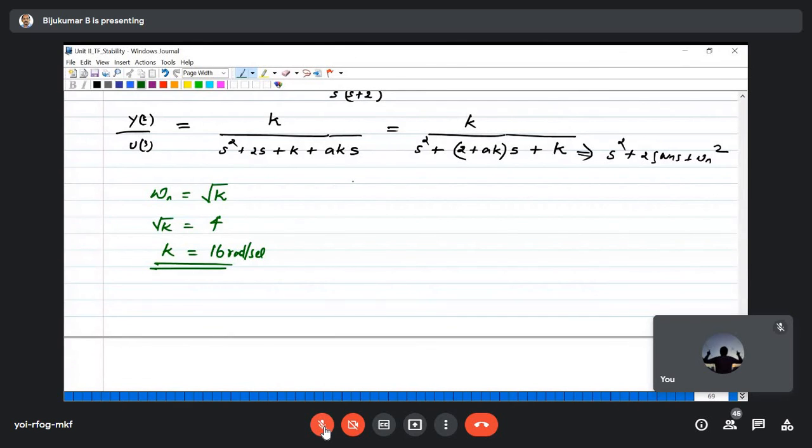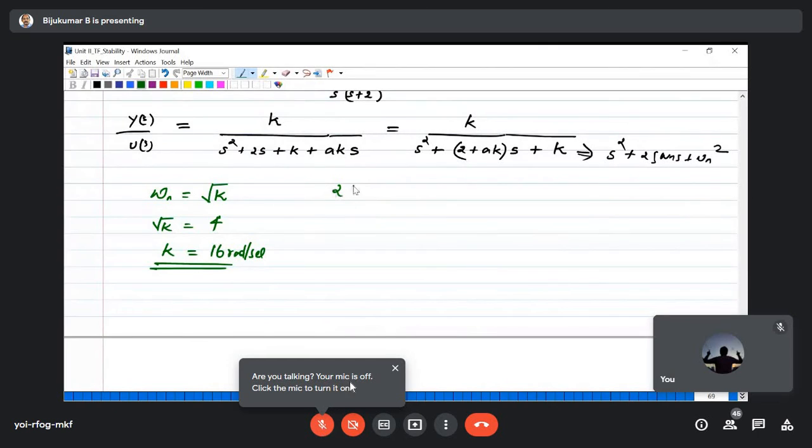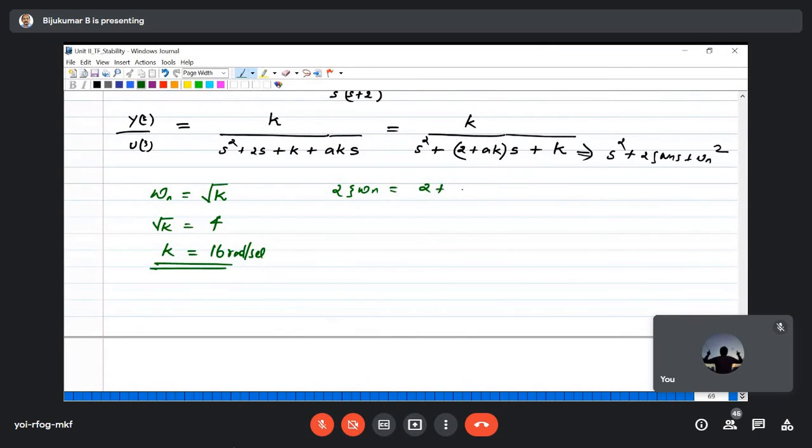How will you find A? You have to compare the second term, 2 zeta omega n equal to 2 plus AK. So zeta equals 2 plus AK divided by 2 omega n. So 2 into omega n is 8. Solve this and tell me how much it is coming.